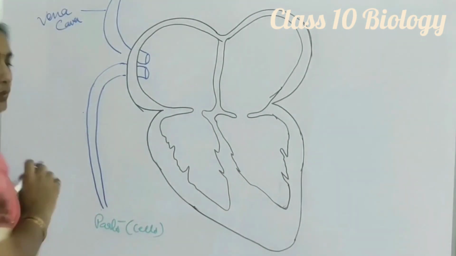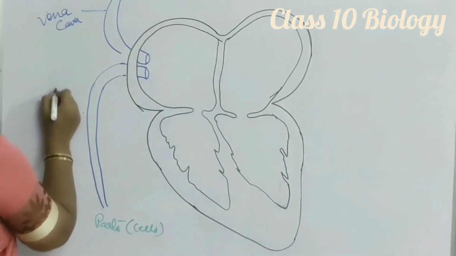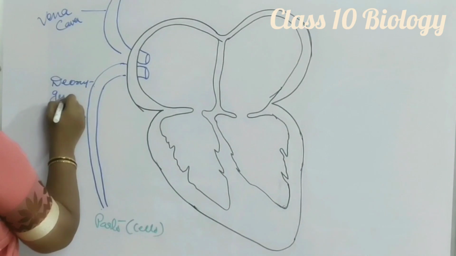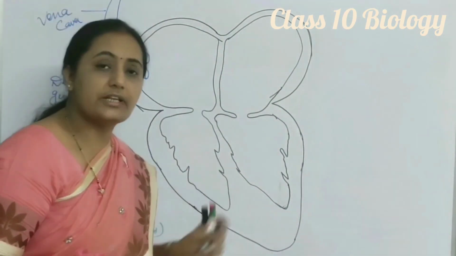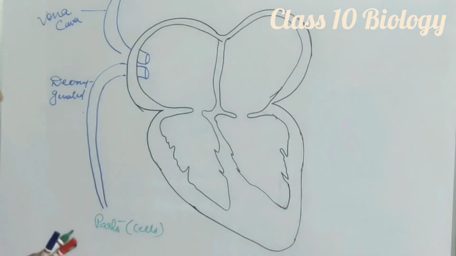Both vena cavas bring deoxygenated blood. As I told you, the right side deals with deoxygenated blood and the left side deals with oxygenated blood.